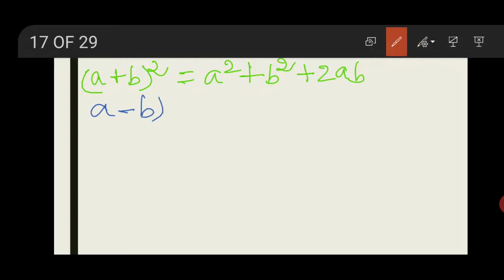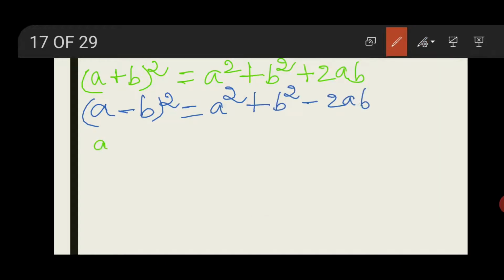(a plus b) whole square is equal to a square plus b square plus 2ab. Then (a minus b) whole square is equal to a square plus b square minus 2ab.